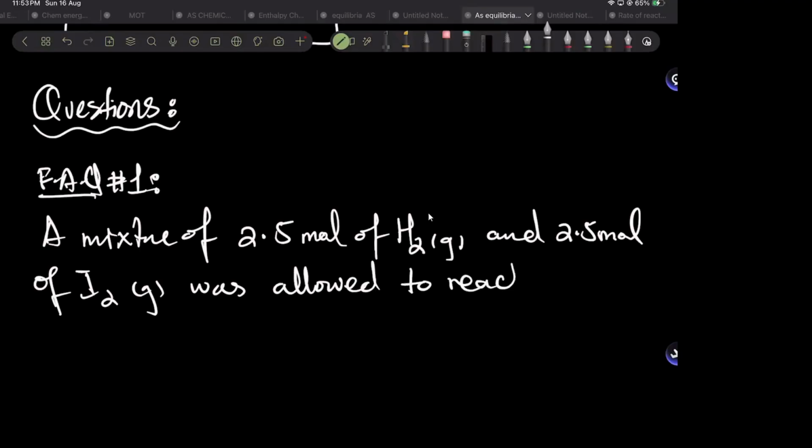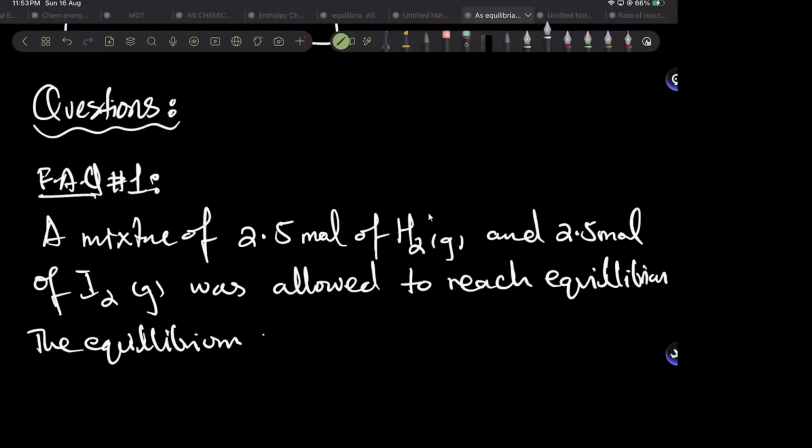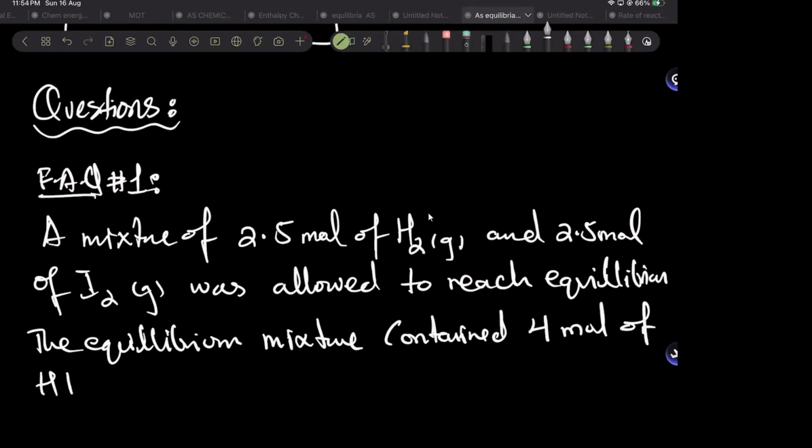The equilibrium mixture contained 4 moles of HI, hydrogen iodide gas.